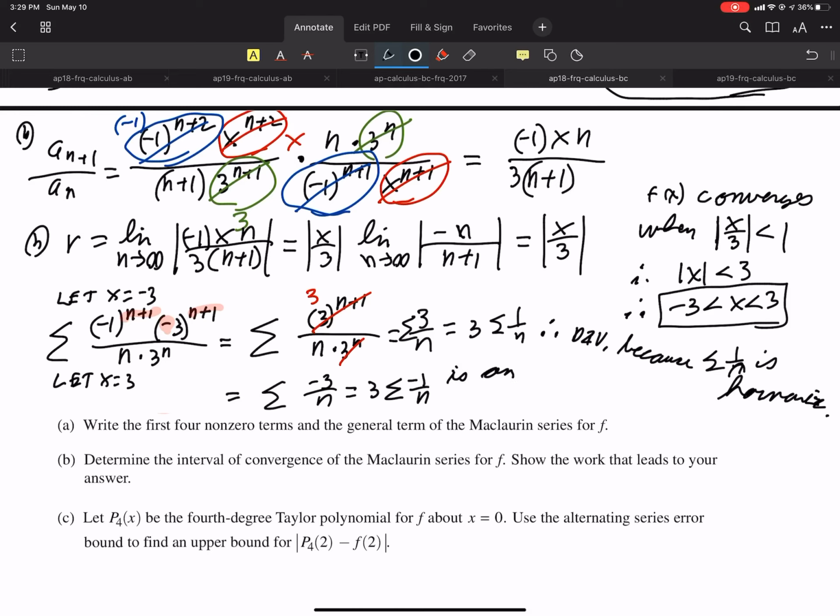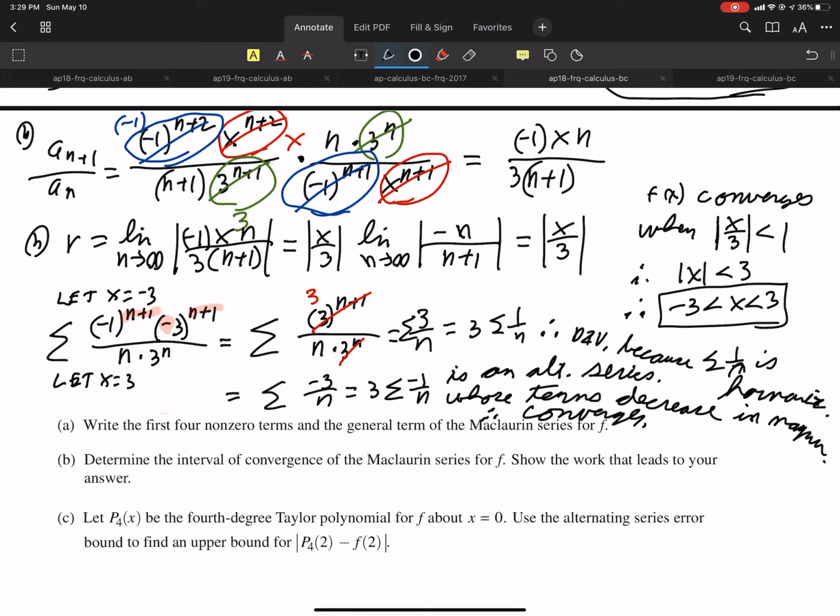This is an alternating series whose terms decrease in magnitude, therefore converges.